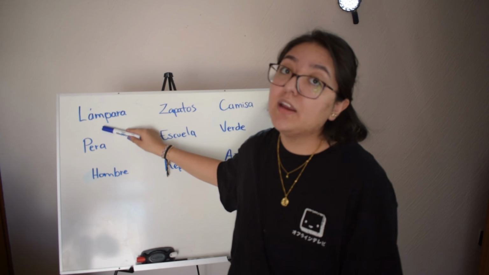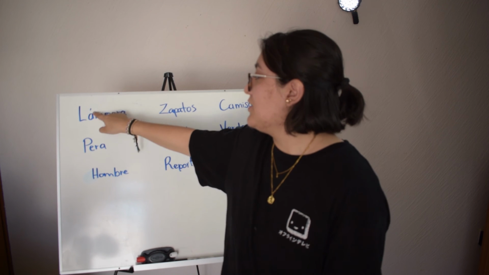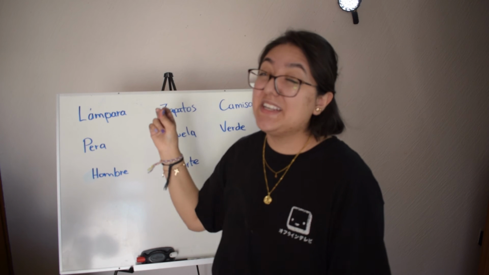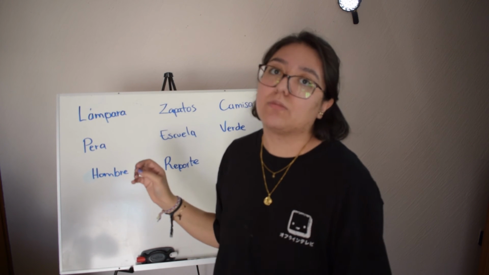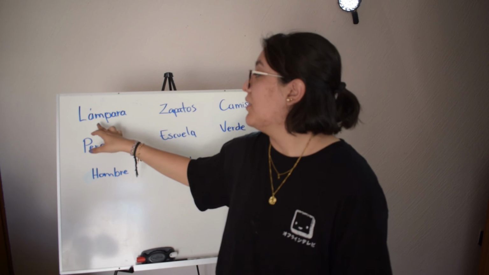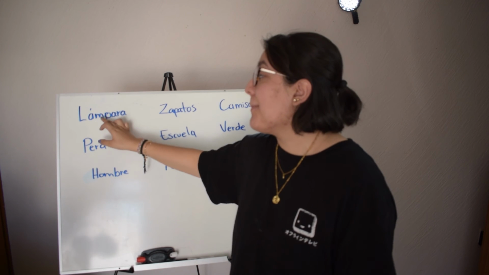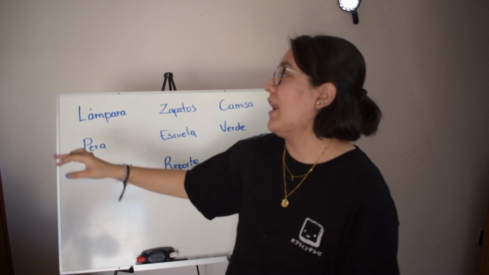So, number 1, lámpara. You see this little thing here? It's an accent, and you just need to stress that syllable. So, lámpara. You see an R, just one, soft.